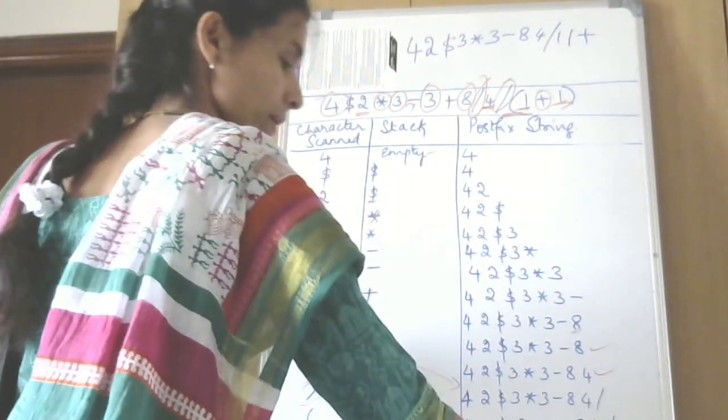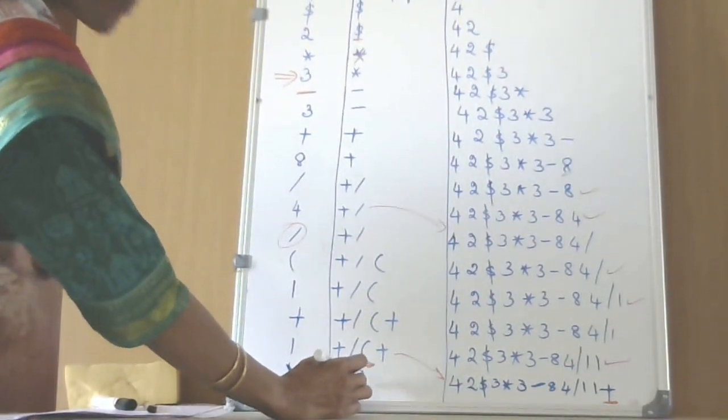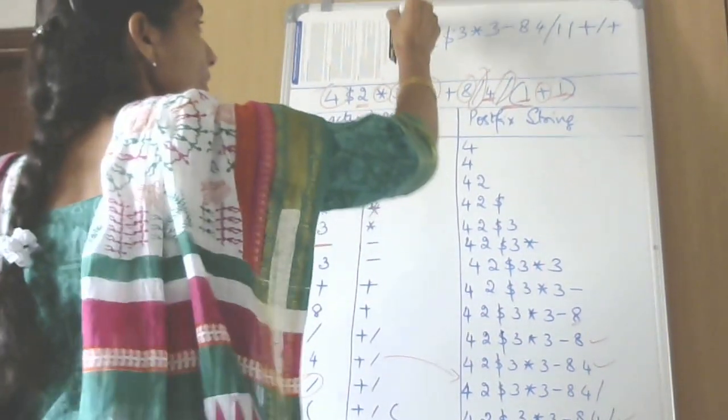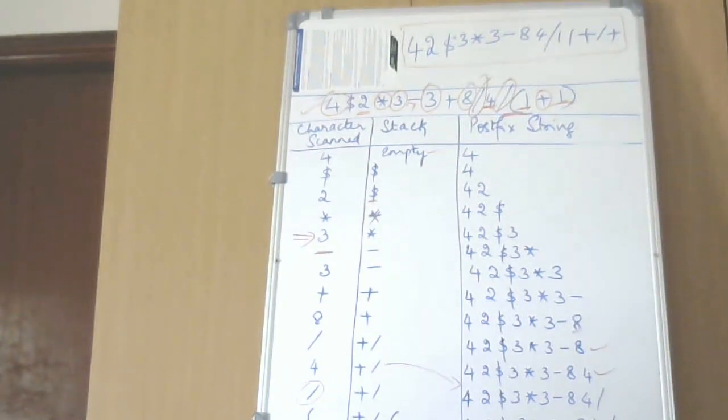We have till there, correct? These two are remaining in my stack, so I will have to pop out these two also. First I pop out slash, so slash will come there, and then I pop out plus. So my stack now becomes empty. This becomes my final postfix expression of this infix expression.